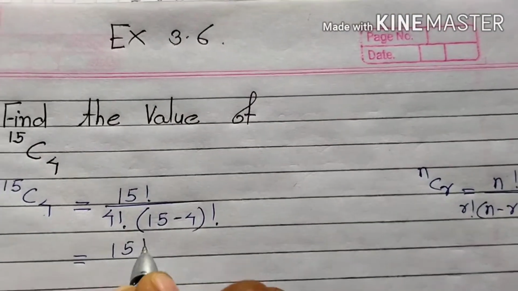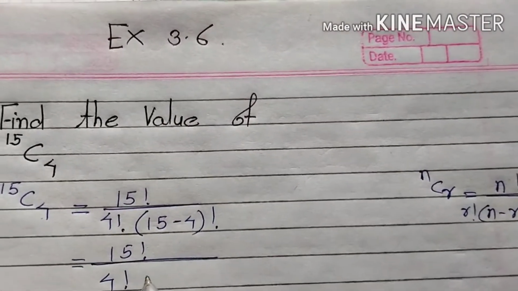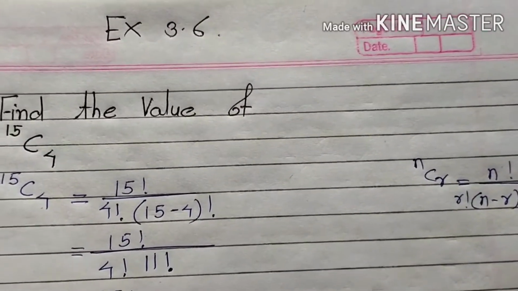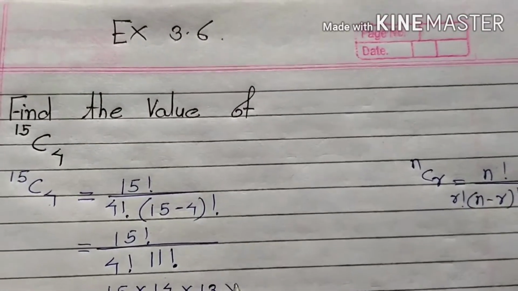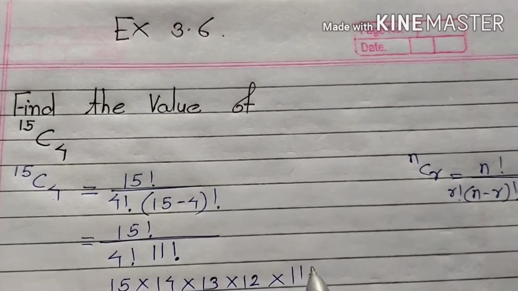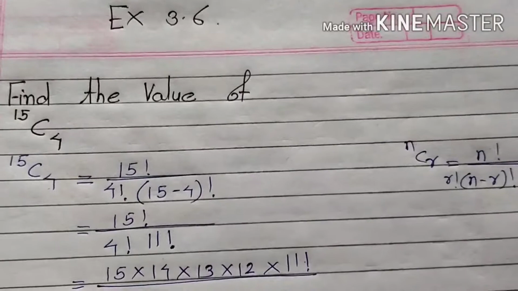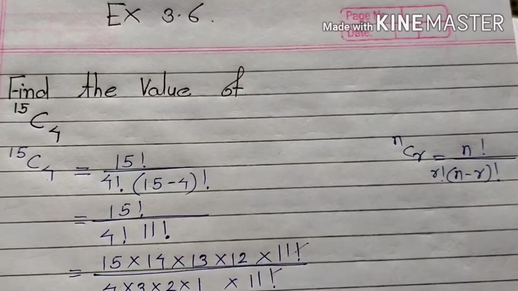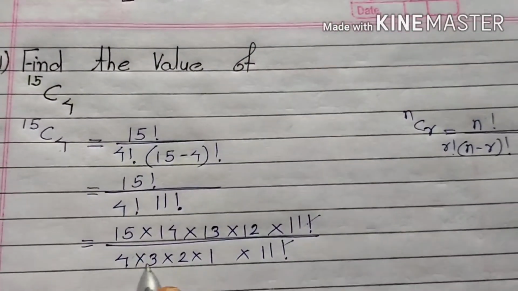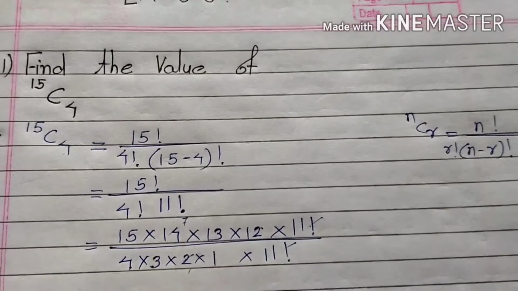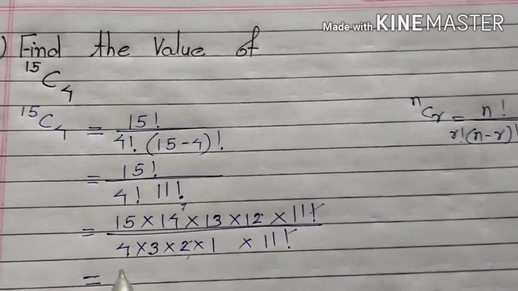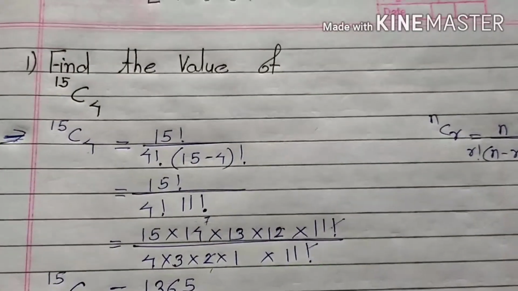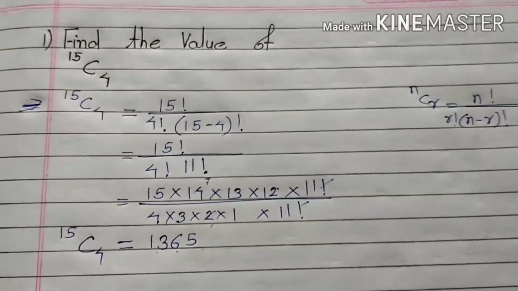So this is 15 factorial upon 4 factorial and 11 factorial. So 15 into 14 into 13 into 12 into 11 factorial upon 4 into 3 into 2 into 1 into 11 factorial. So this can be cancelled. 4 threes are 12, and there is 7. So the multiplication is 1365. So 15C4 is equal to 1365.